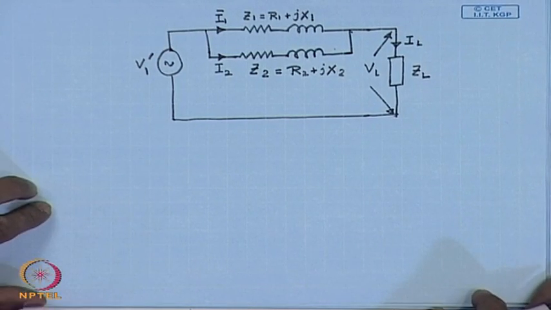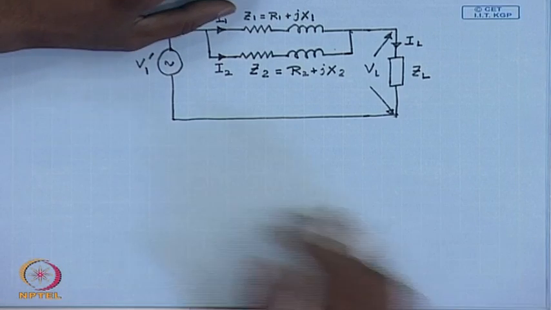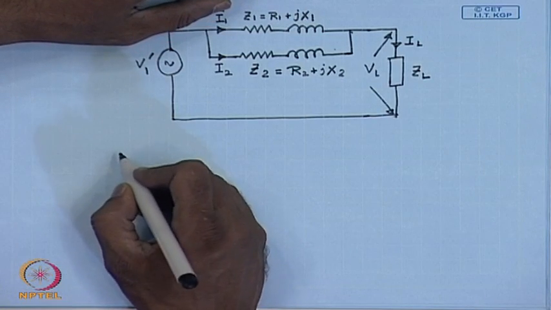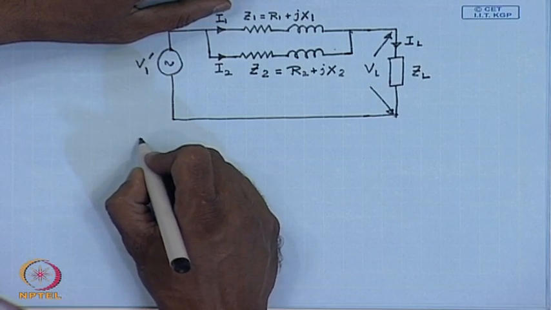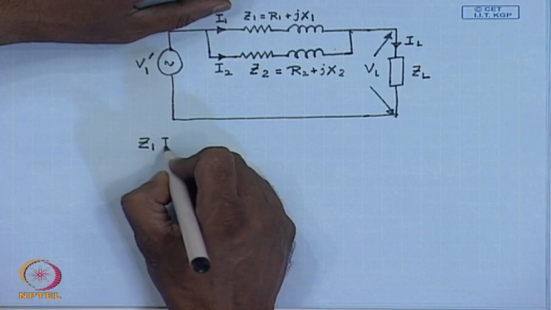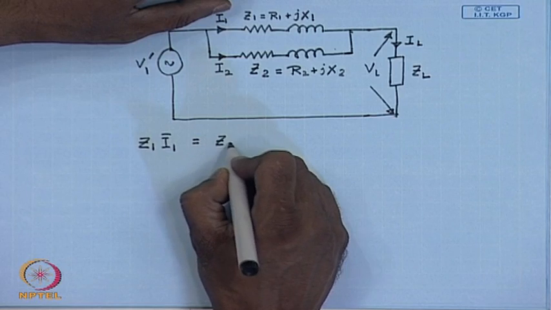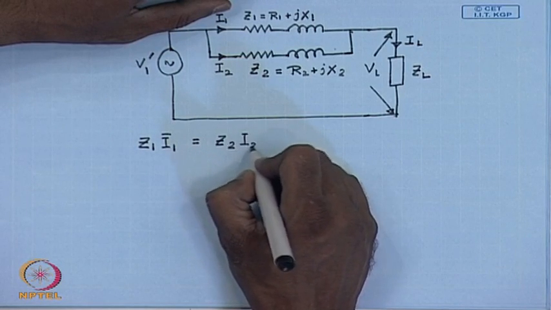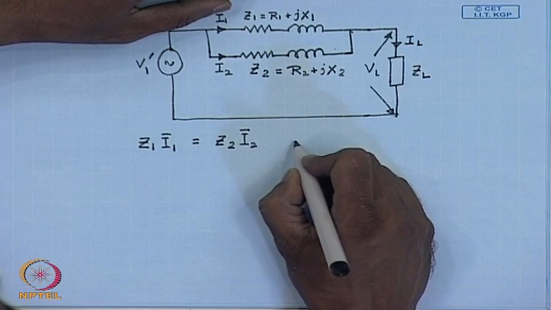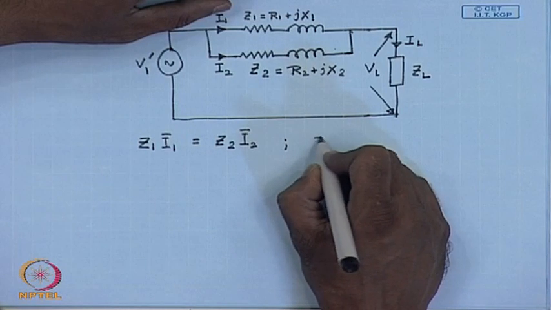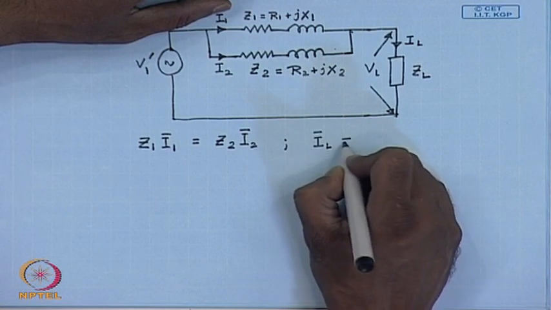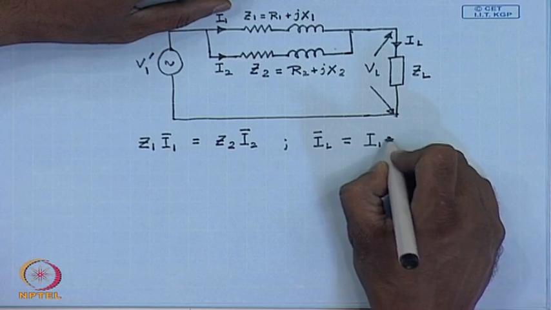Then one can easily derive that Z1 I1 equal to Z2 I2 and IL equal to I1 plus I2.